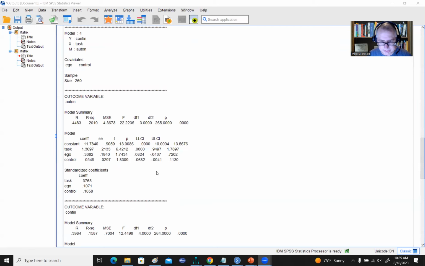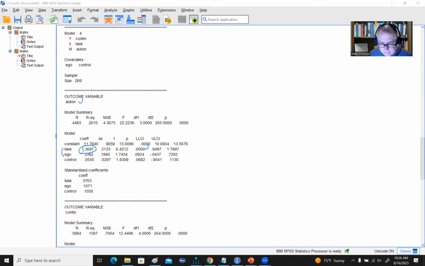So when we scroll down, you'll see that we've got the autonomous motivation regressed onto the task orientation and ego orientation variables right here. And you can see that the task orientation variable was a significant predictor in this particular model. So the direct effect of task orientation on autonomous motivation is 1.3697 and is statistically significant.